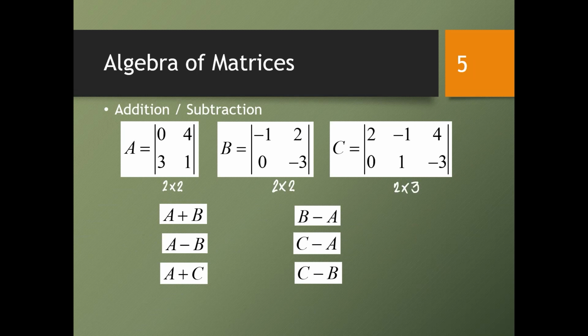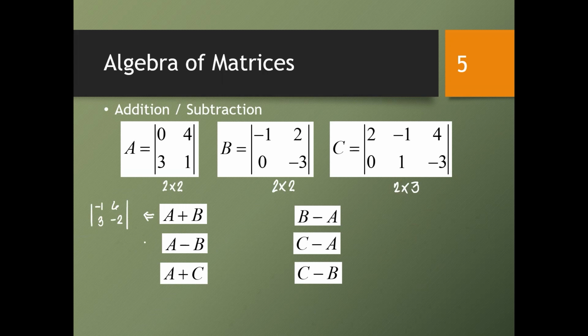Am I correct? All right. So for A plus B, can I add them? What is the sum of matrices A and B? Let's start with the first row. -1 and 6. What about the second row elements? 3 and -2.